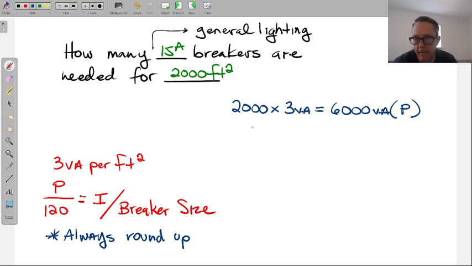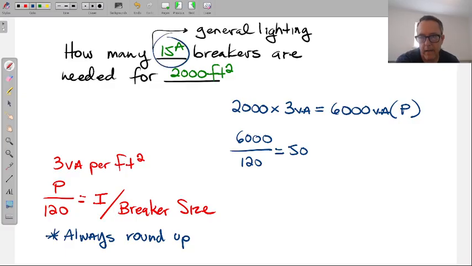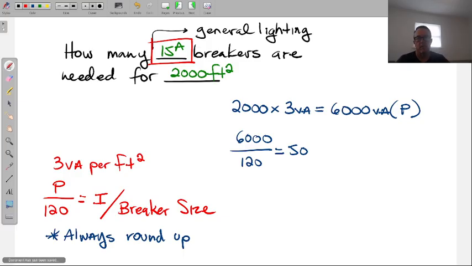So if we complete this, and I'll set it up over here, Ohm's law, 6,000 divided by 120, P over E equals I, then this is 50. So here again, if this was 20, we divide by 20. Keep that in mind. Always a reminder, it seems silly, but sometimes people look at their notes, they notice we wrote 15 somewhere, and sometimes people try to bring the equations that I wrote with them.